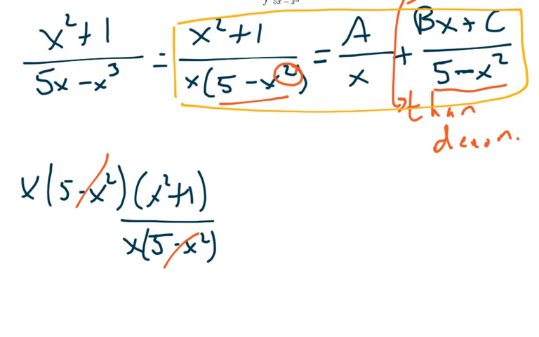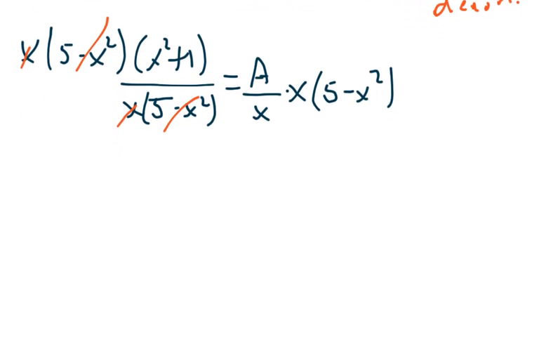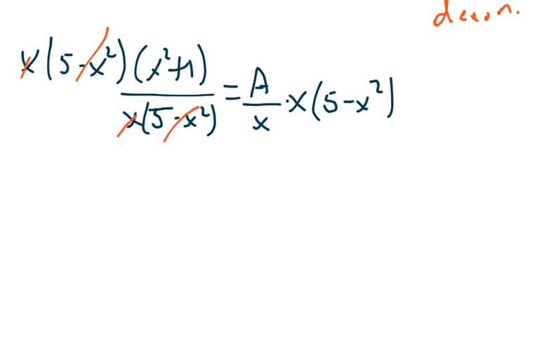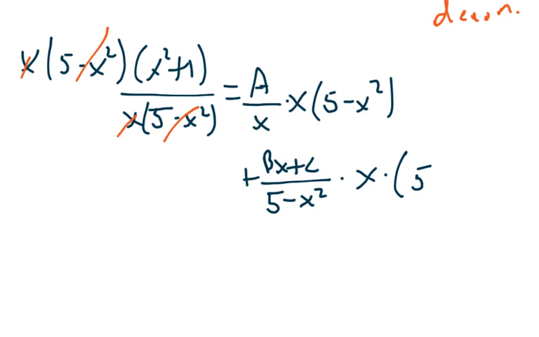That's going to cancel terms, but then we multiply on this side as well, so we have A over x times x times 5 minus x squared, and then plus Bx plus C over 5 minus x squared times x times 5 minus x squared.